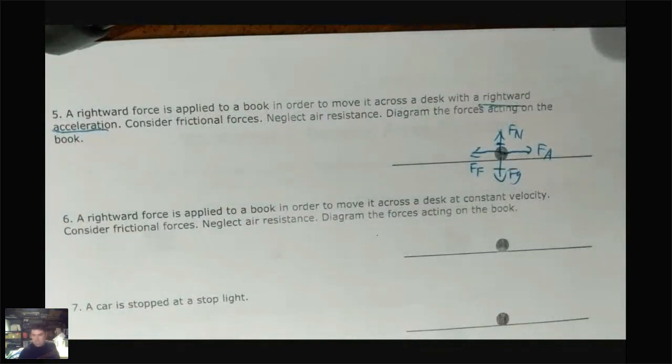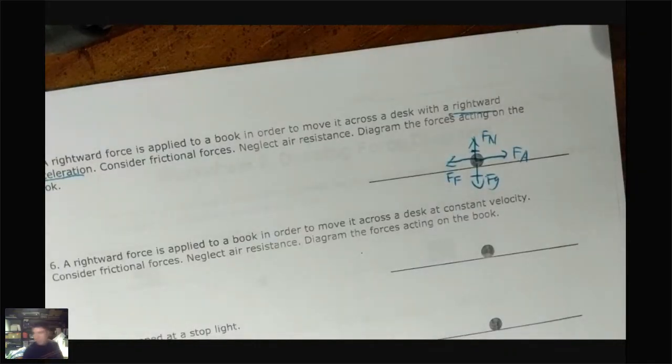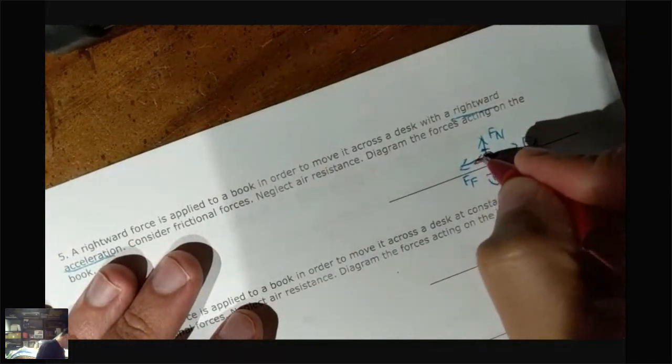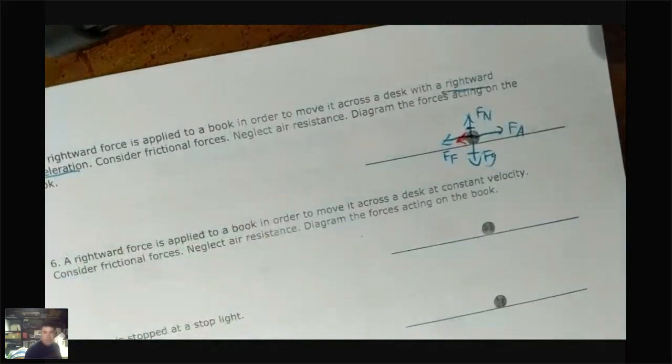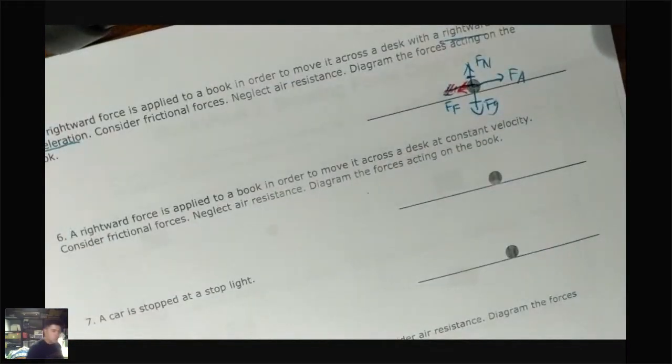This means that, yes, the applied force needs to be bigger than the force of friction. So really, had I drawn this right, let me get a different color here, this one should be significantly shorter than the applied force. So I shouldn't have done that. I should have had it just be short like that.